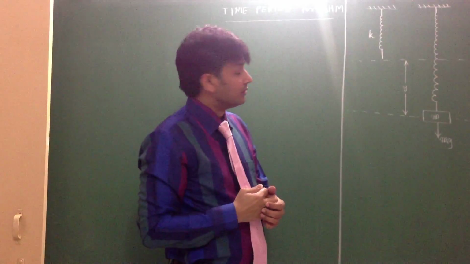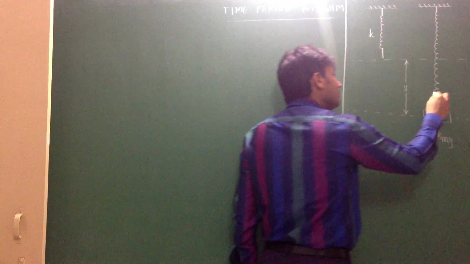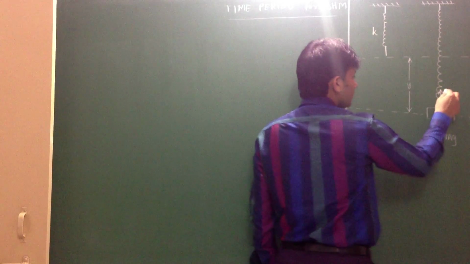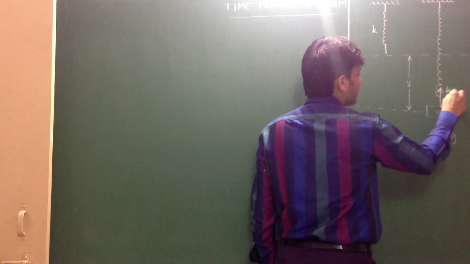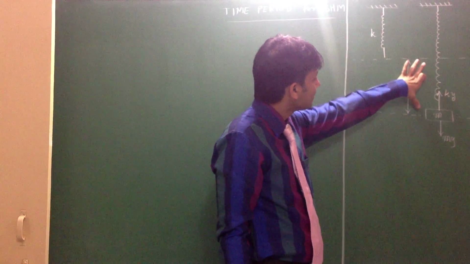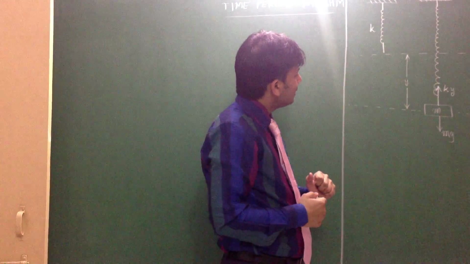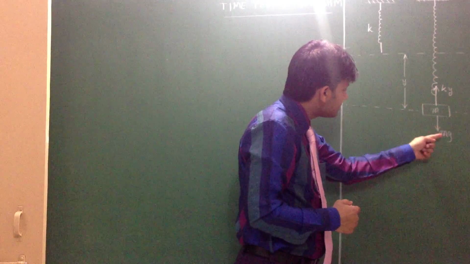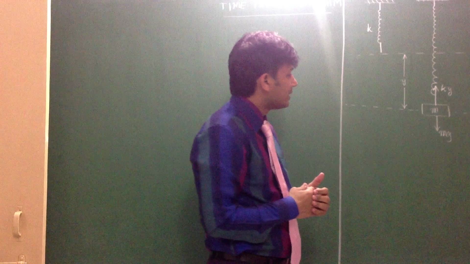According to Hooke's law, some restoring force will be produced in the spring, and the restoring force is K times the displacement of the object or increase in the length of the spring. This restoring force is in upward direction and this weight force is in downward direction.